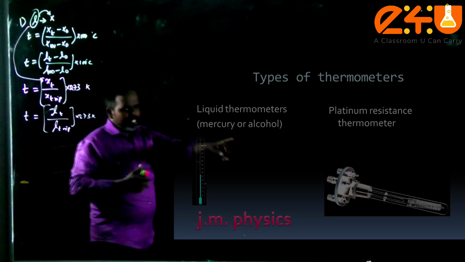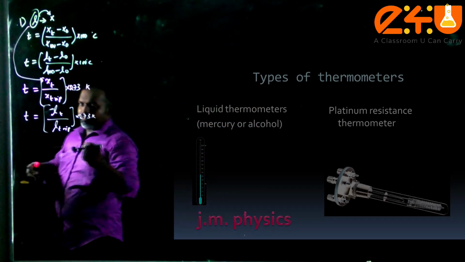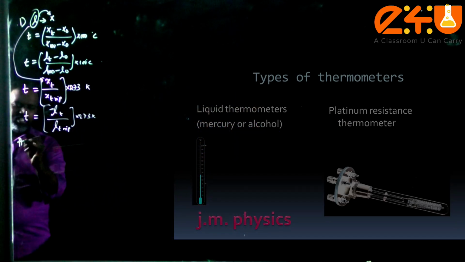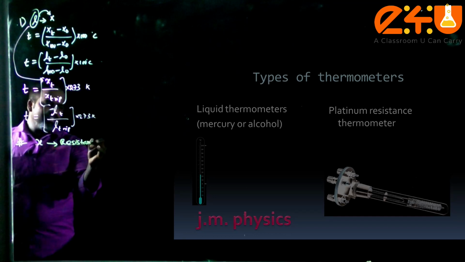In the same slide, another one is the platinum resistance thermometer. In a resistance thermometer, the physical quantity is nothing but the resistance of the wire or material used.